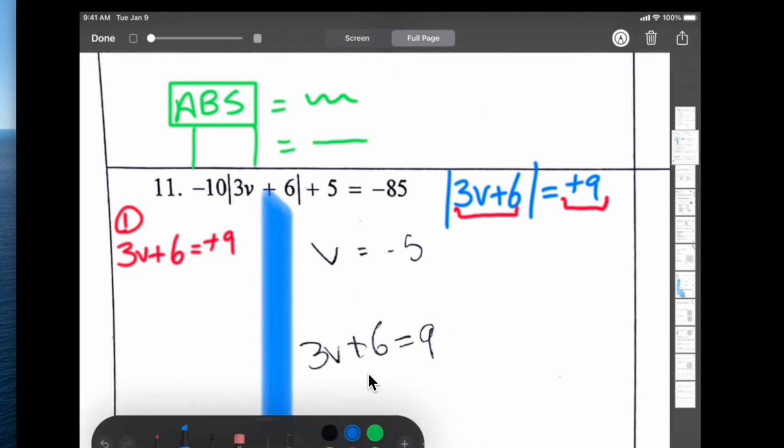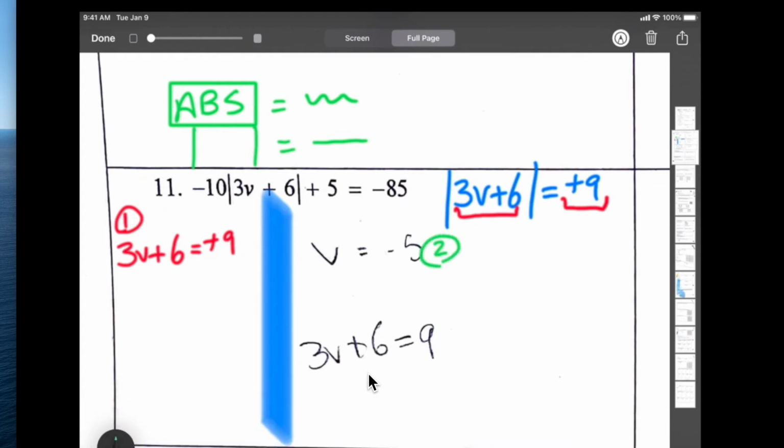We have a totally separate situation over here. This time, we're going to take the stuff that's inside the parentheses and set it equal to the other side, which is +9, times -1.